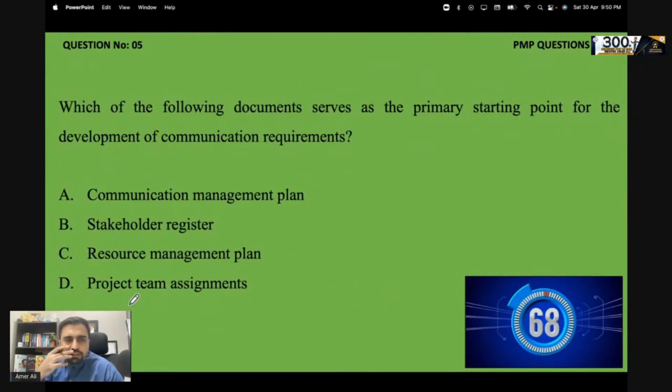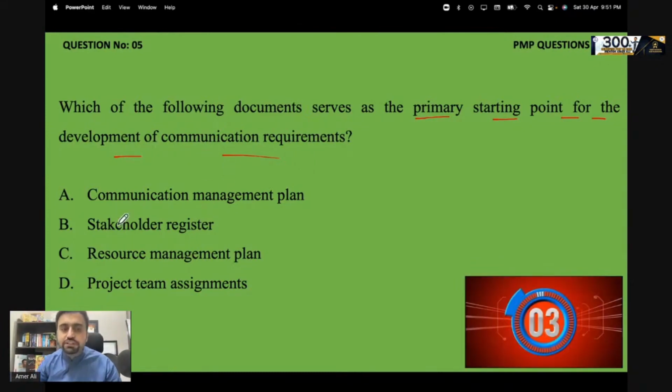Which of the following documents serves as the primary starting point for the development of communication requirements? Now, this is an interesting question that is not asking you about stakeholders, it is asking about the communication requirement. So, you put the answer. The starting point would be the stakeholder register. Why? Understand this thing: initiation, planning, execution, monitoring and control, and closing.